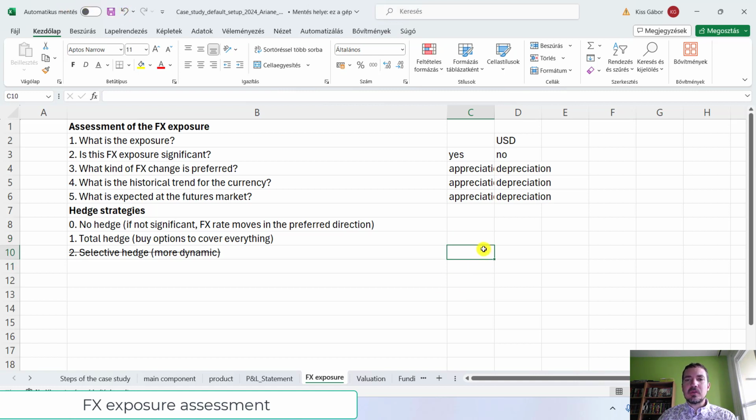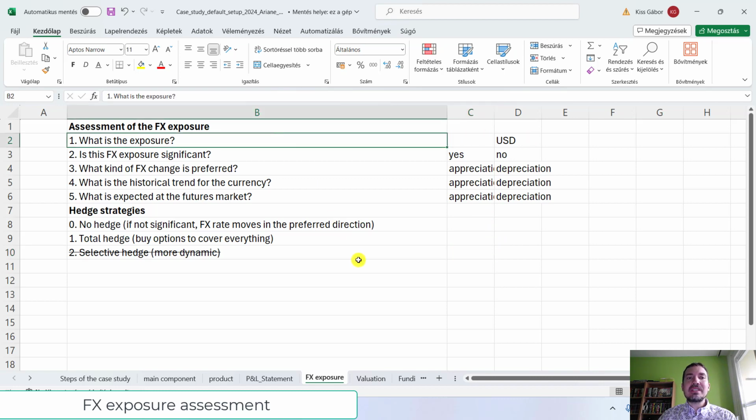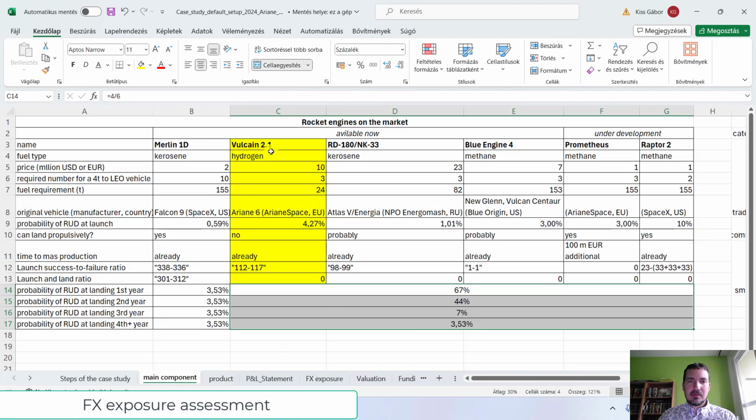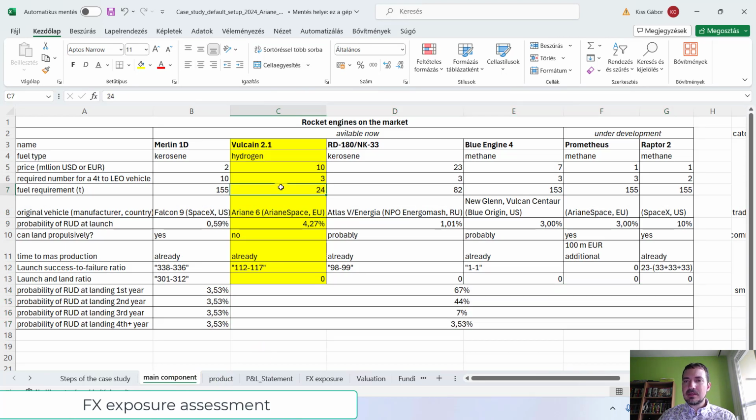Okay, so now we have to say what is the exposure. Right now it doesn't have any exposure here because we are using home-brewn engines. That was one problem of my setup here, because if I'm not choosing the Vulkan engine, but I'm using Merlin 1D, Blue Origin, the Russian engine, or Raptor 2, so practically anything except Prometheus, then I would have exposure.